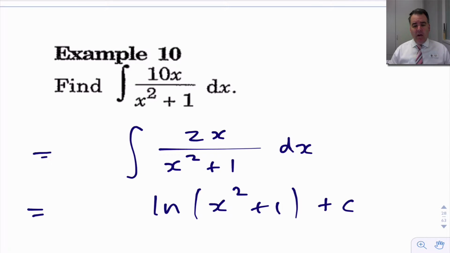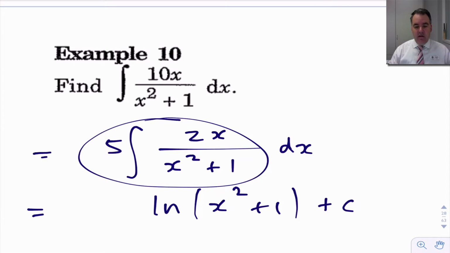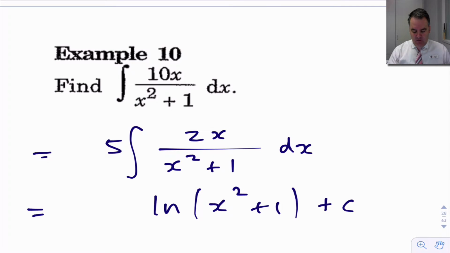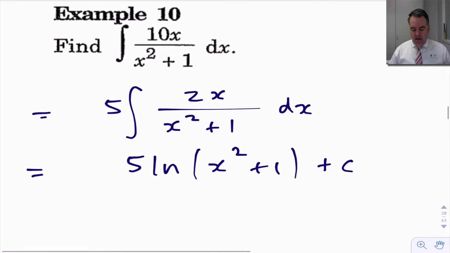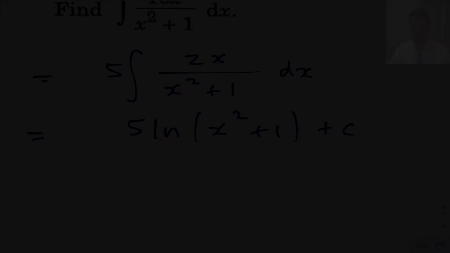So the way that I force that is I just put this 5 at the front, and then you can see that this expression here is the same as this expression here. So I've really just forced it into that form by taking the 5 out the front, and then I can do the integration correctly. So my final answer is 5 ln x squared plus 1 plus c.